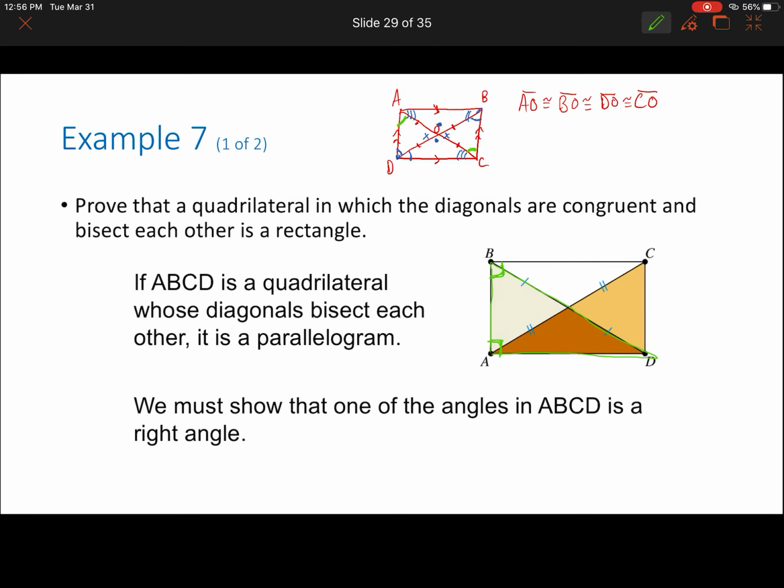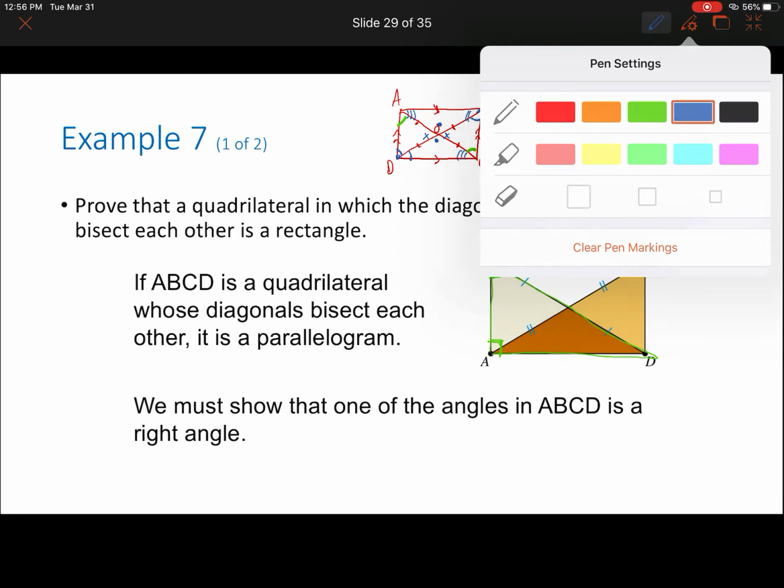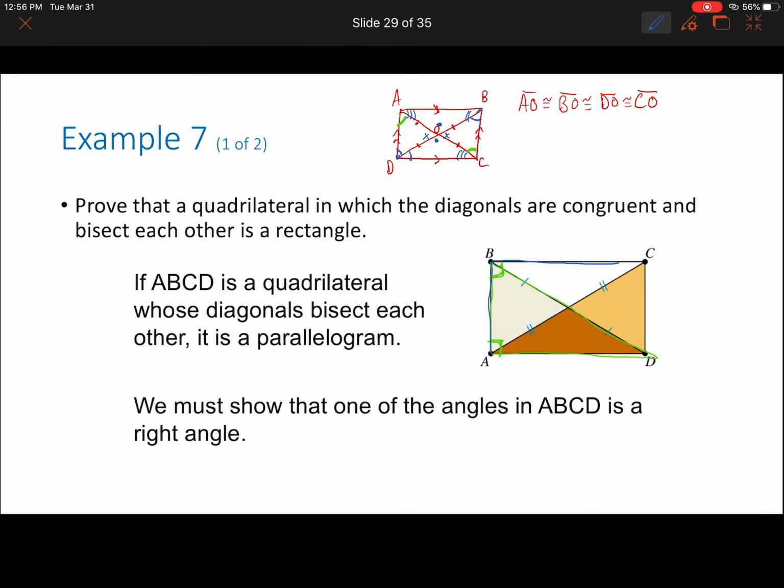We need to show that there's a right angle somewhere in this quadrilateral. If we could show in triangle ABD, this triangle, that this angle is a right angle, or even this angle in this triangle, then that would be helpful, right?